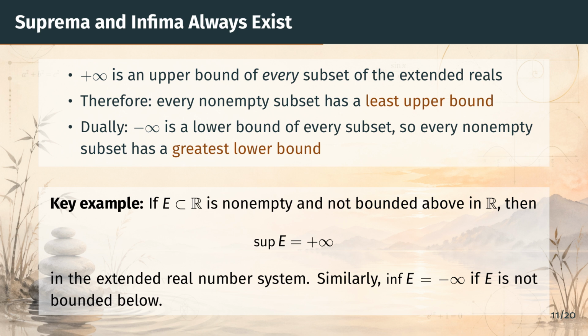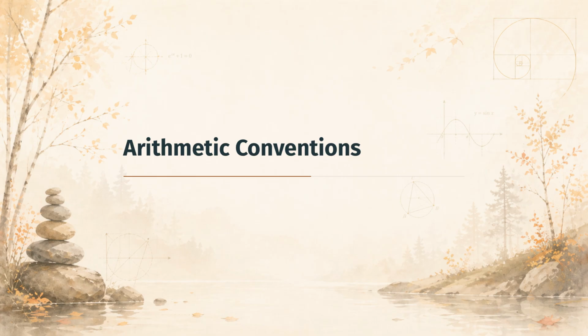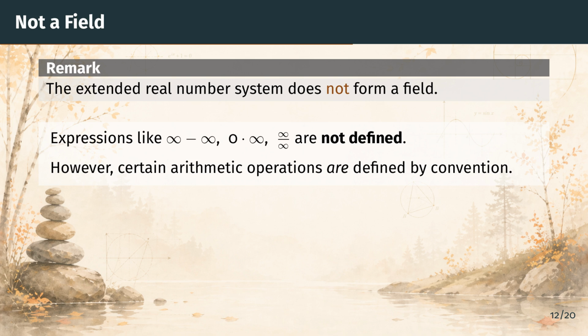Now let's turn to the arithmetic conventions for the extended reals. Before we list the arithmetic conventions, an important warning. The extended real number system is not a field. You cannot do arbitrary arithmetic with plus and minus infinity.